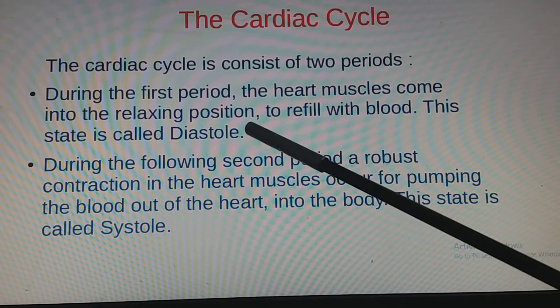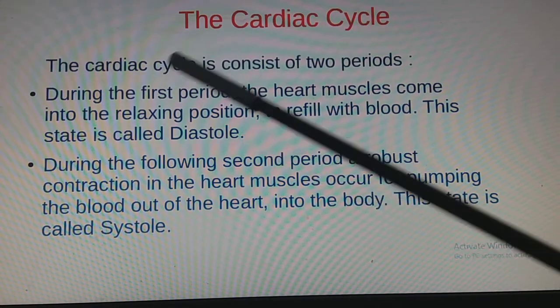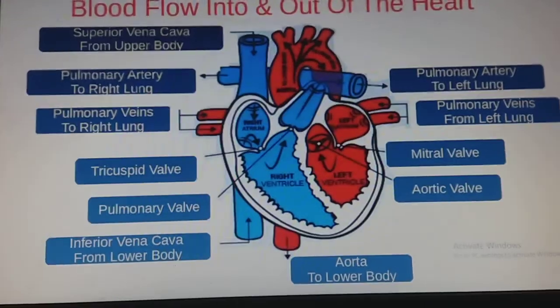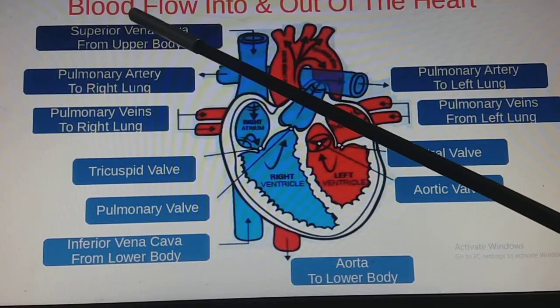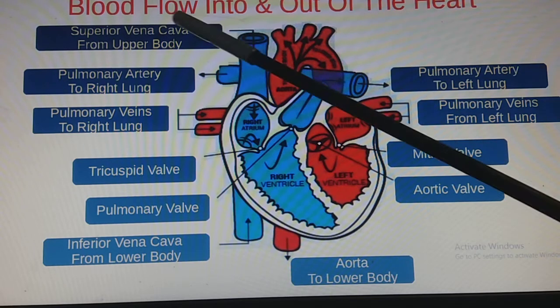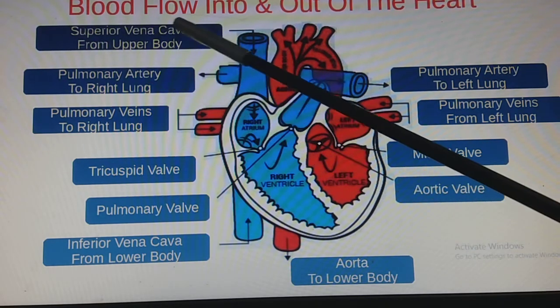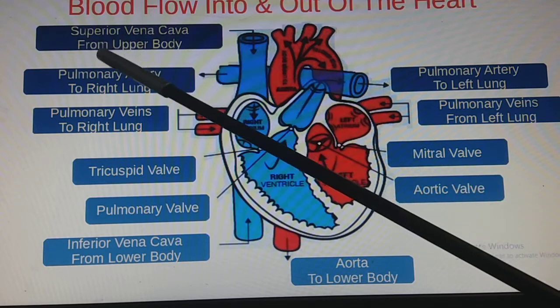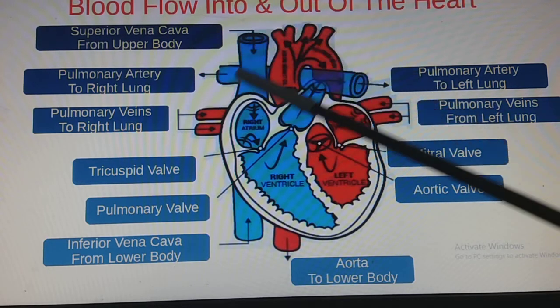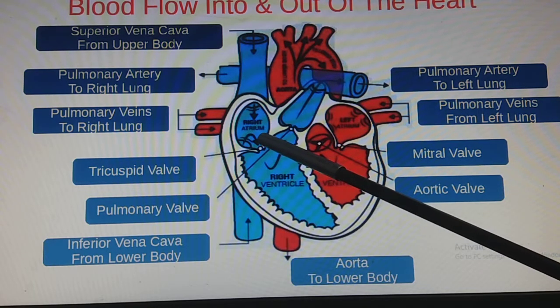Fine. Filling blood into the atria and pushing it out of the ventricles: this is diastole and systole. Moving forward comes this diagram in which you can see blood flow into and out of the heart. This is the superior vena cava, which brings blood from the upper part of the body into the right atrium.